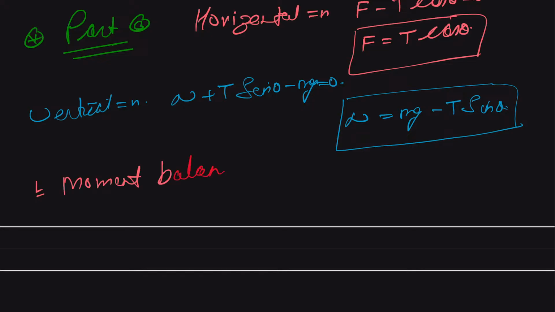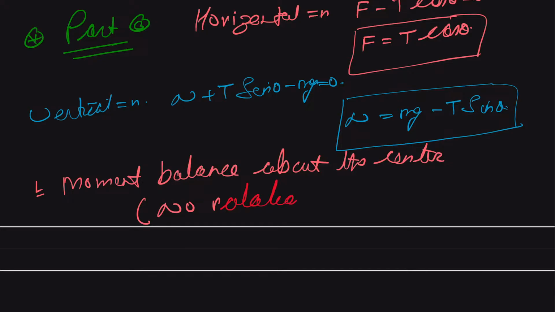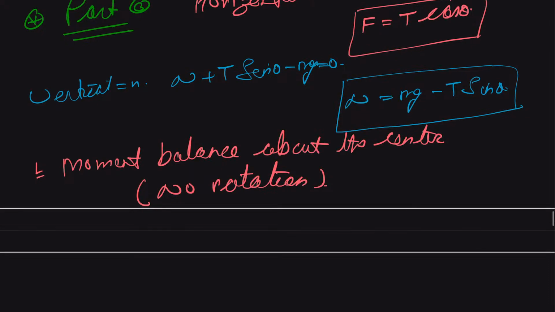For that we have two forces. Suppose this is our center C, and at our P prime we have a frictional force F, which is at a distance of R, and then we have a tension T, which is tangential. So this is tension T and this is our small r.